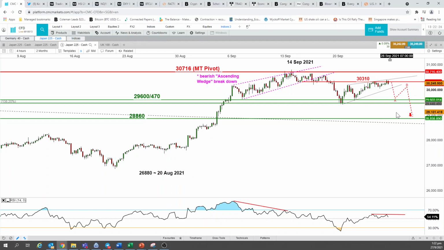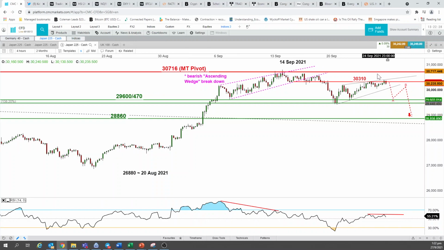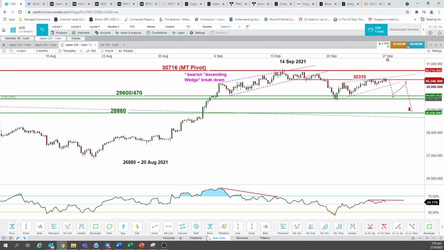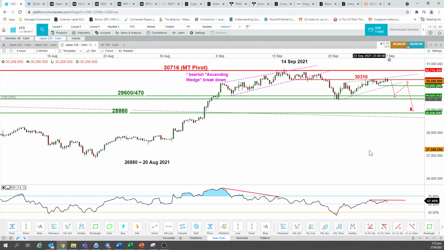So what we could do over here is still maintain this bearish outlook. Let me add in the intermediate support level, this swing low at 30,055, which is also the ascending wedge support.